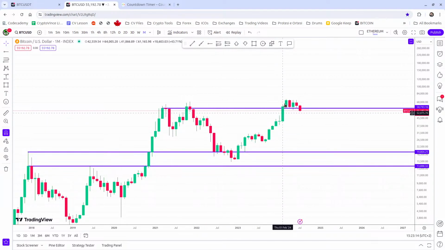Then price went all the way up. This time there was a clean breakout. Price closed above resistance, closed above resistance, closed above resistance, closed above resistance, and now boom.